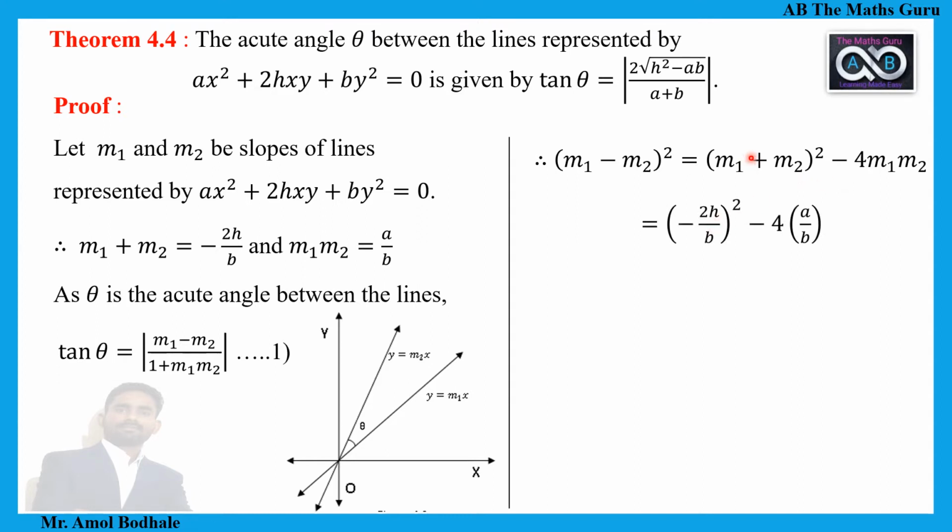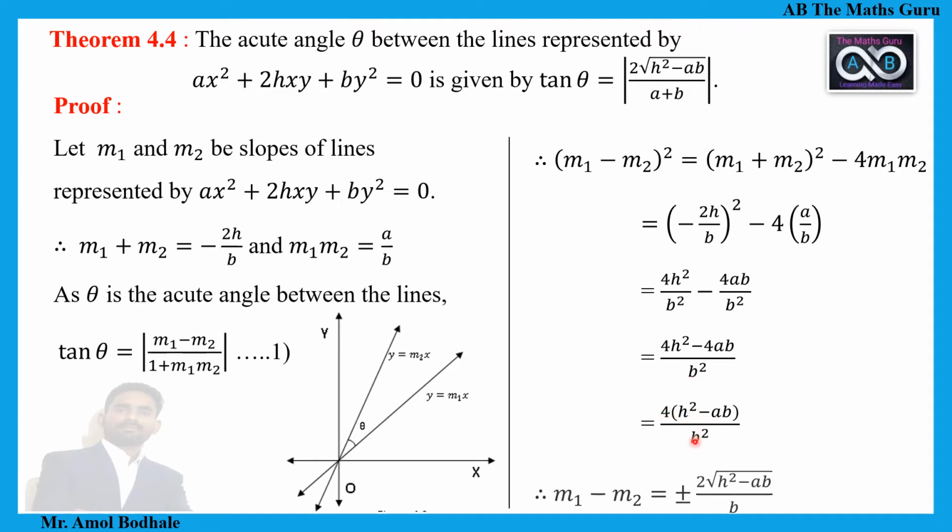So we put the values of m1 plus m2 and m1 into m2 here, that is (minus 2h upon b) whole square minus 4 into a by b. If we simplify this, 4h square upon b square minus 4ab upon b square. The denominator is the same, so if we combine them, 4h square minus 4ab upon b square. If we take 4 common, 4 into h square minus ab upon b square.